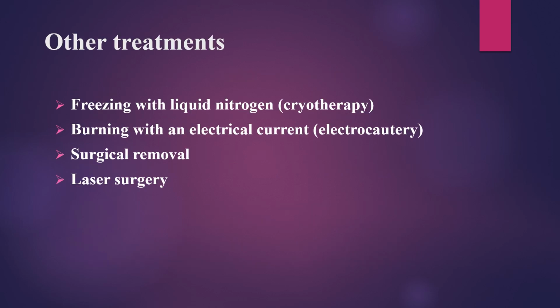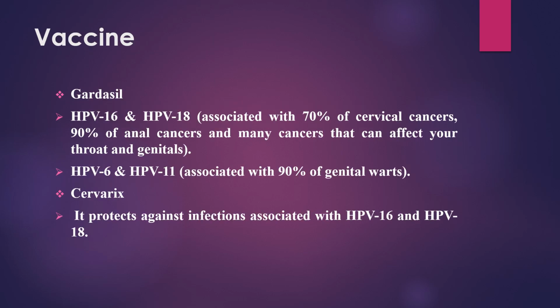Other treatments: freezing with liquid nitrogen, burning with an electrical current, surgical removal, and laser surgery. Freezing with liquid nitrogen is called cryotherapy, and burning with an electrical current is called electrocautery.